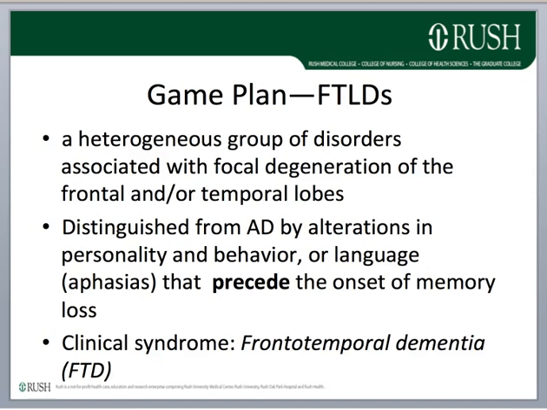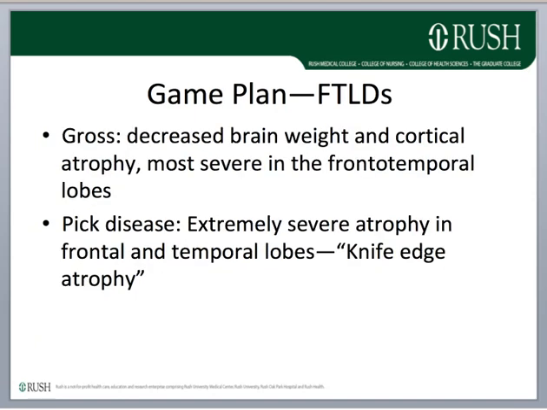Clinically, these are referred to as frontotemporal dementia. Grossly, all forms are associated with decreased brain weight and cortical atrophy, which is most severe in the frontotemporal lobes. Pick disease is an exaggeration of this, in which there's extremely severe atrophy in the frontal and temporal lobes, often referred to as knife-edge atrophy.